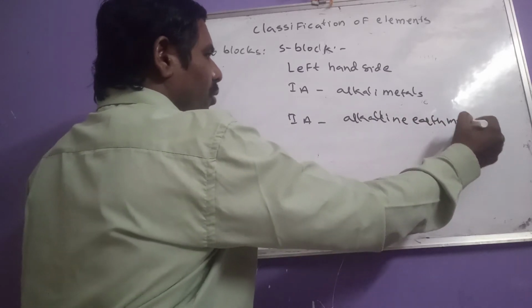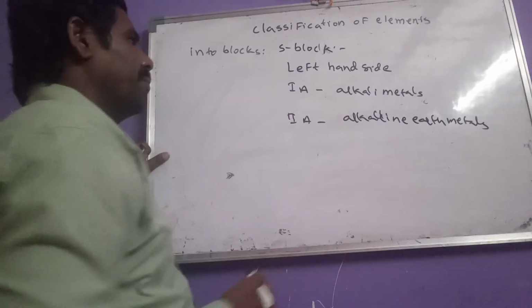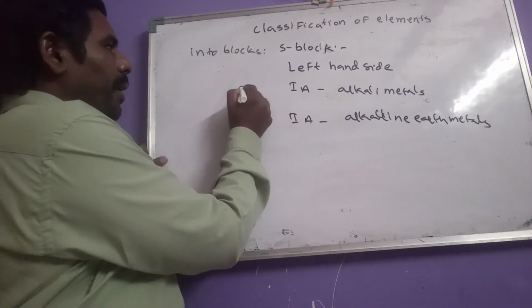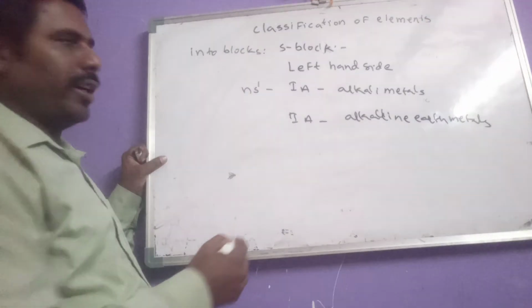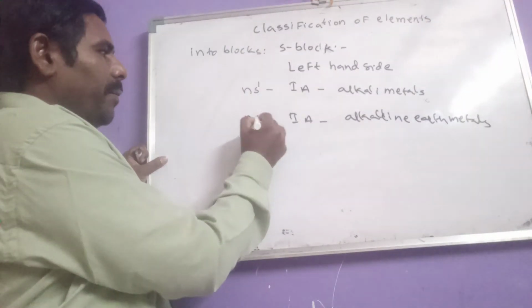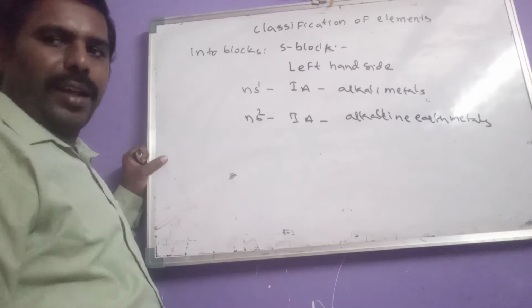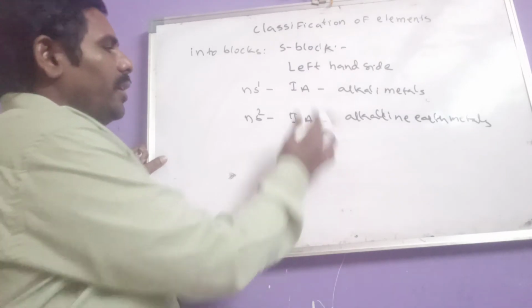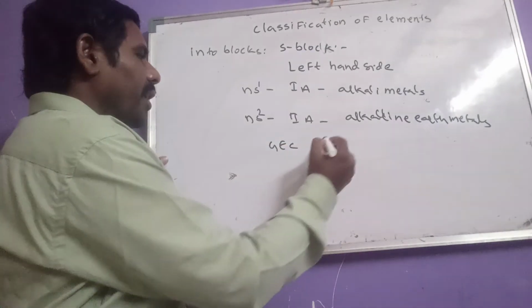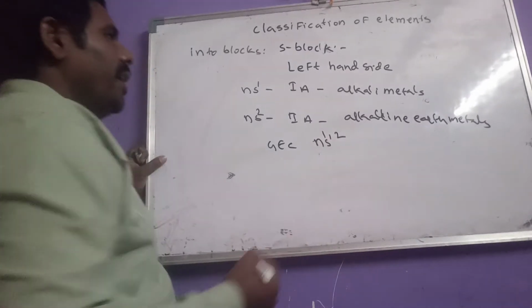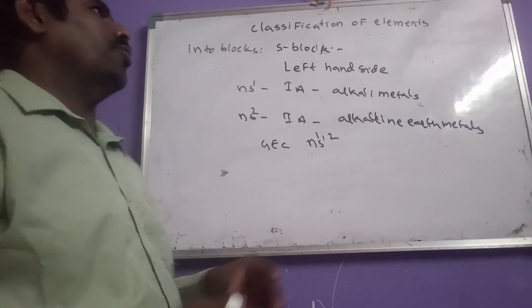These are the two groups present in s block. 1A group elements have general electronic configuration ns1. 2A group elements have general configuration ns2. So the s block elements general electronic configuration is ns1,2.